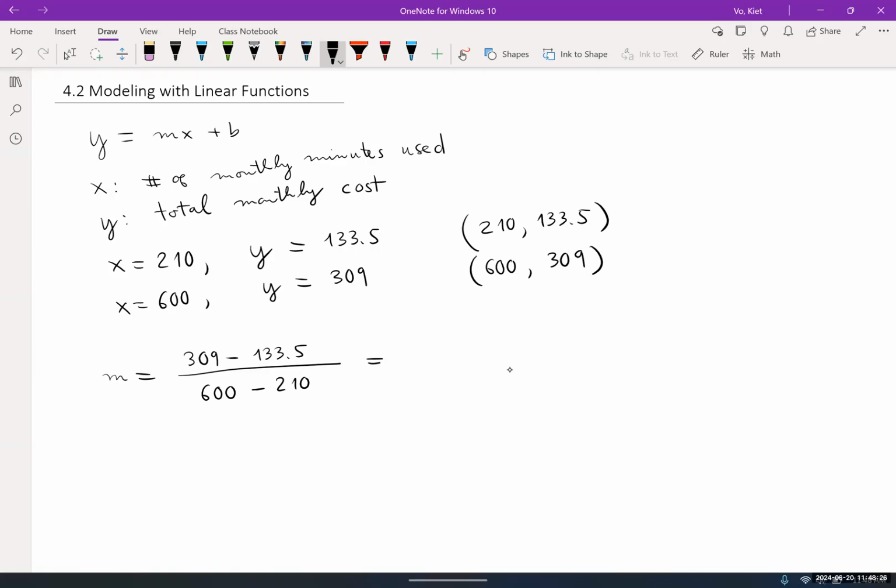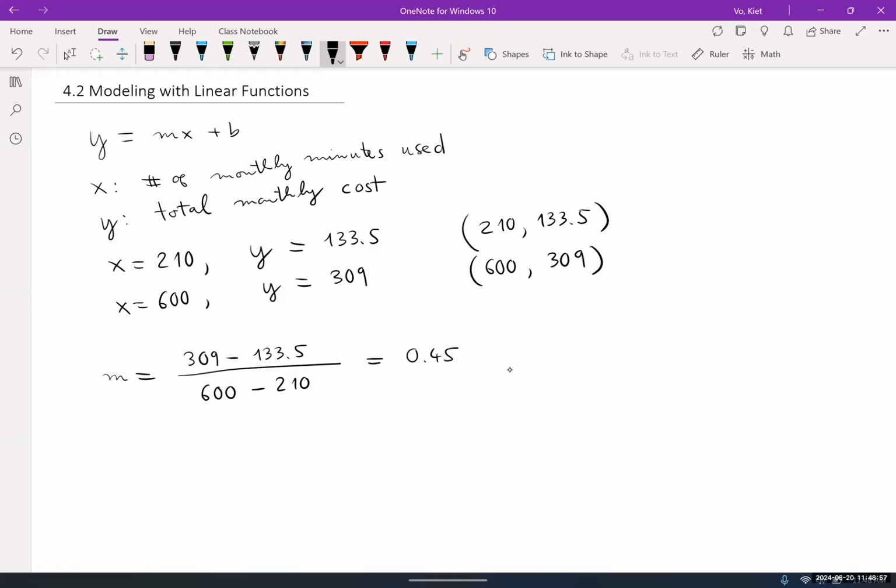Let's do this calculation on the calculator. You should do this on your calculator as well. So what I get is 0.45. That would be my slope.